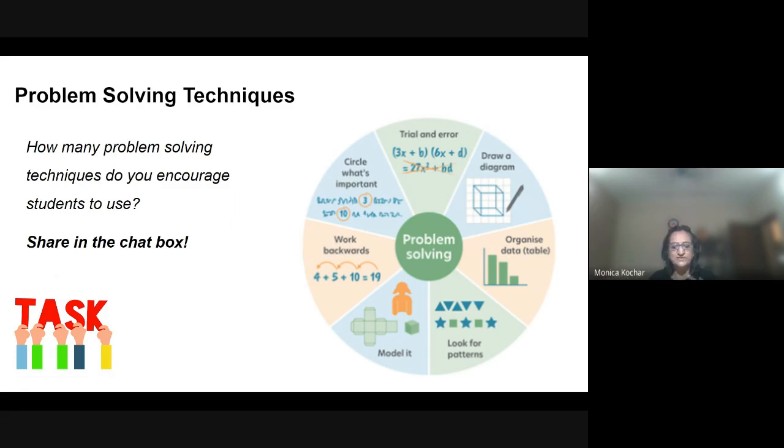So you are someone who is using multiple ways of solving a problem, trial and error. Why don't you draw a diagram to solve it? Why don't you get some data? Why don't you look for patterns? Why don't you let me show you one problem and then you can do another? Why don't you work backwards, like answer is 19, let's get to it. Why don't you circle what's most important in the question?